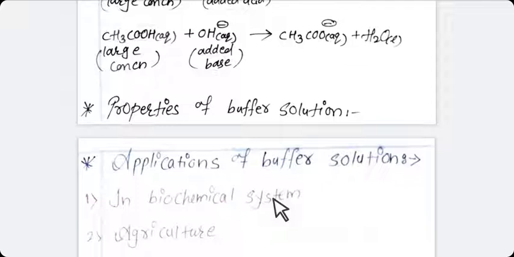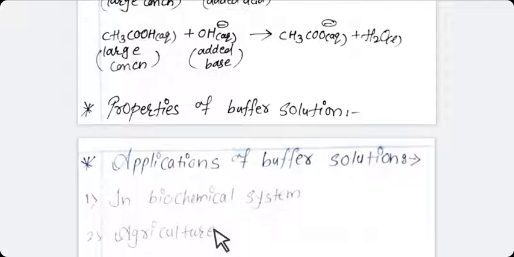I am repeating here, the pH of the blood in our body has to be maintained between 7.36 to 7.42. A more change of 0.2 pH unit can cause death. So the saline solution used for intravenous injection must contain a buffer system to maintain the proper pH of the blood.